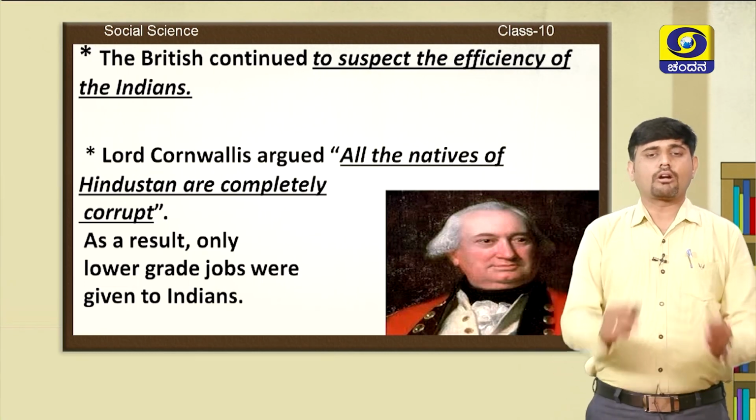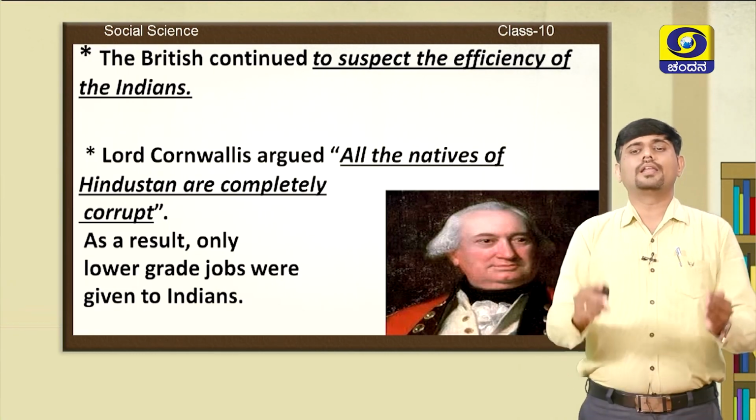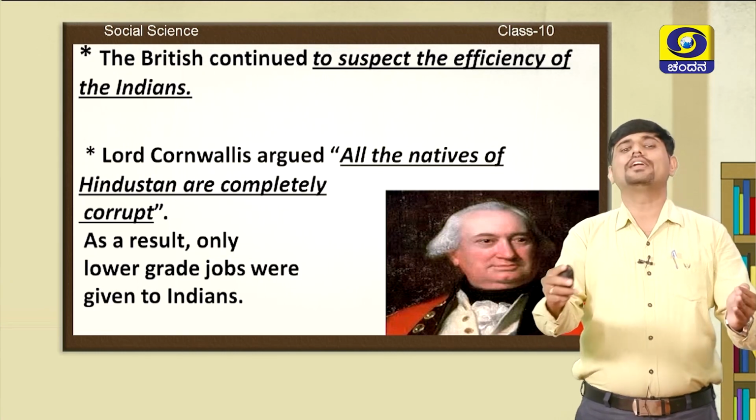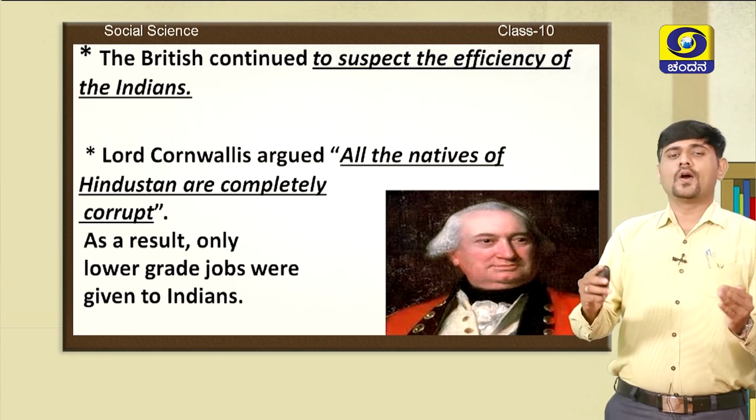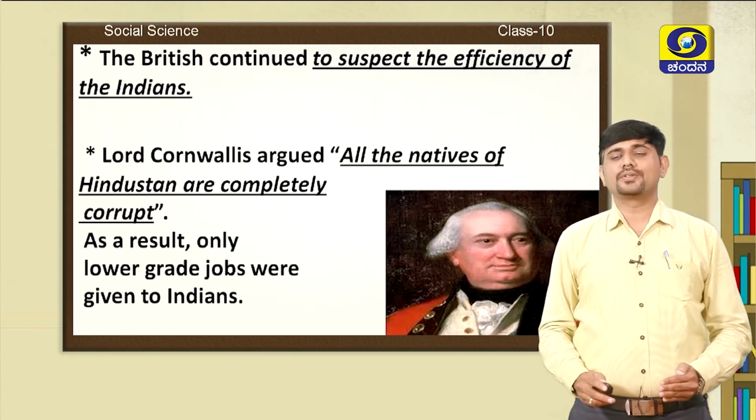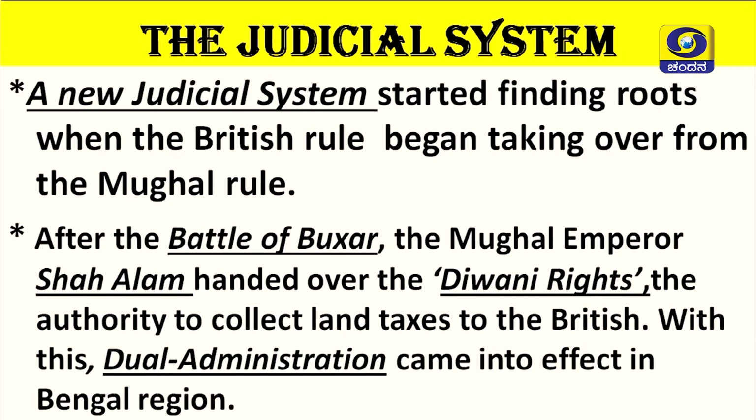Therefore, Lord Cornwallis argued that all the natives of Hindustan are completely corrupt. As a result, only lower grade jobs were given to the Indians. Followed by the administrative reforms, let us study the judicial system of the British East India Company.